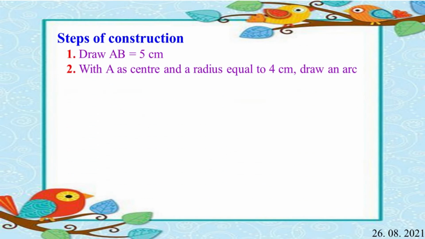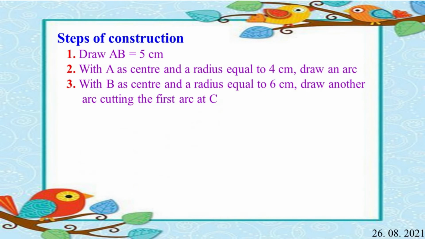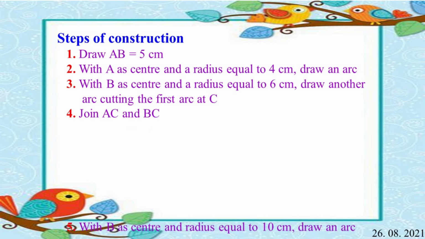Now we write the steps of construction. First step, draw AB equal 5 centimeter. Second step, with A as center and a radius equal to 4 centimeter, draw an arc. Third step, with B as center and a radius equal to 6 centimeter, draw another arc, cutting the first arc at C. Fourth step, join AC and BC.